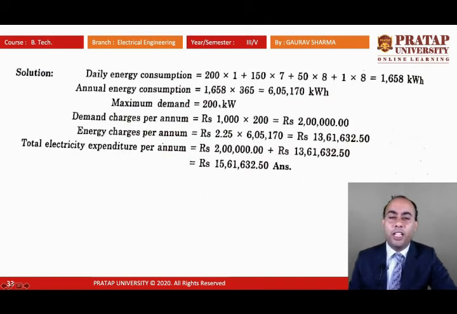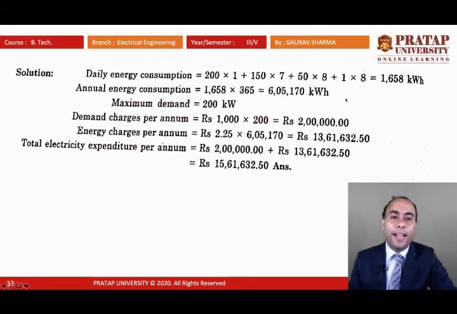So for the daily consumption, 200 into 1 plus 150 into 7 plus 50 into 8 plus 1 into 8, since 8 hours are remaining, we get 1658 kilowatt hour for a day. So the annual energy consumption is 1658 into 365.